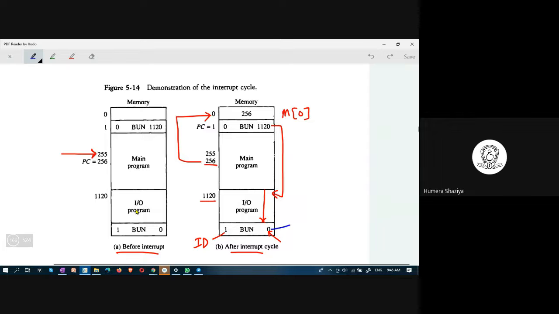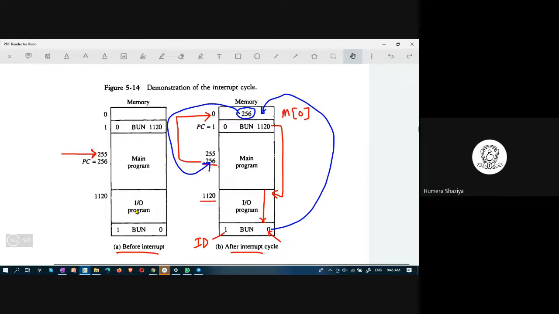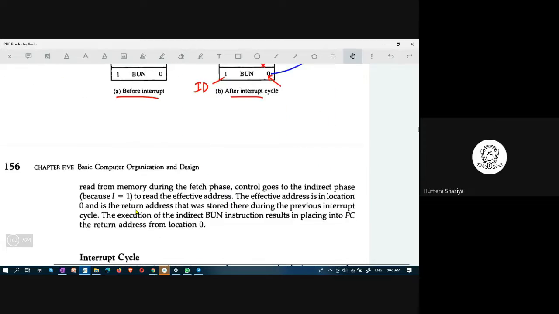At 0, you will find the address where you have to branch. So you branch to 256. This is how the interrupt cycle executes. Any doubts in this, students?